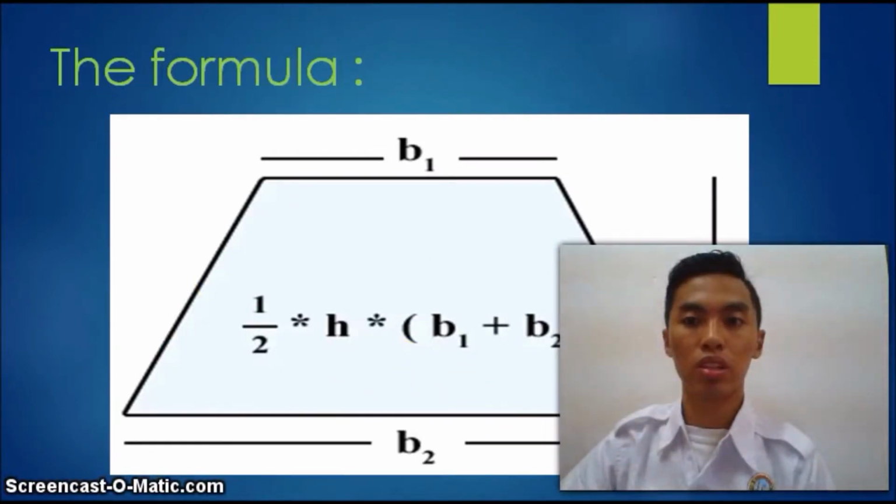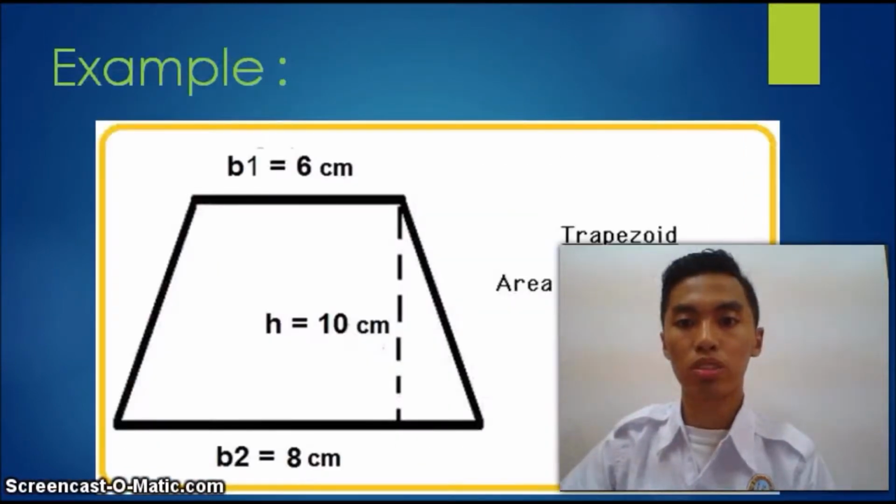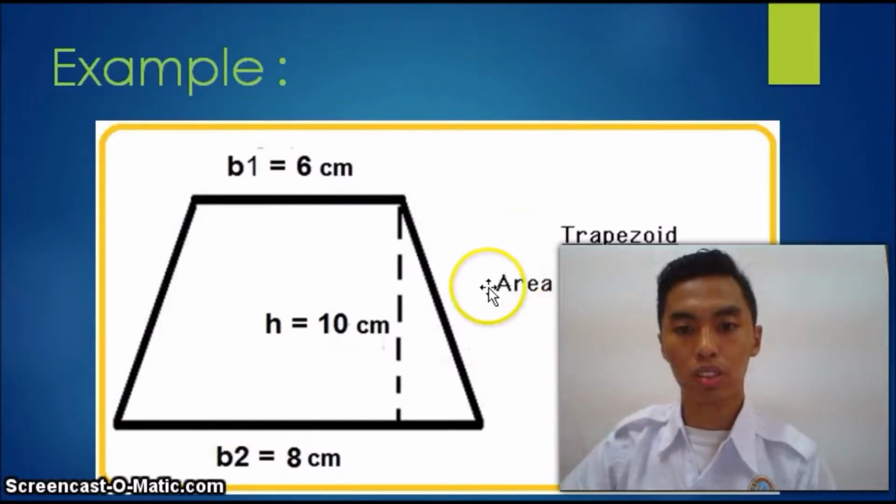So let's get started with the first example. We have a trapezoid with the bottom side of 8 cm and b1 of 6 cm, and the vertical distance between the top and the bottom is 10 cm. Alright, there is the formula.